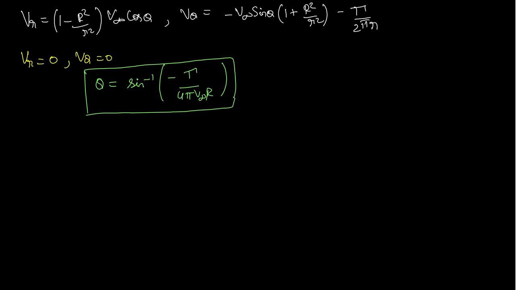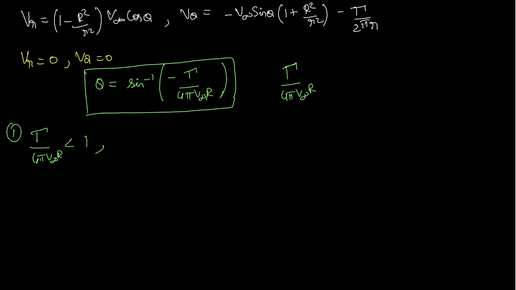So we can see from this equation that depending on the ratio of gamma over 4 pi V infinity R, we'll get different values of theta. So for example, initially we can take a few cases. The first case is I assume gamma over 4 pi V infinity R, that is the circulation, is less than 4 pi V infinity R, then I'll have 2 points. I'll get two thetas which lie in the third and fourth quadrants.